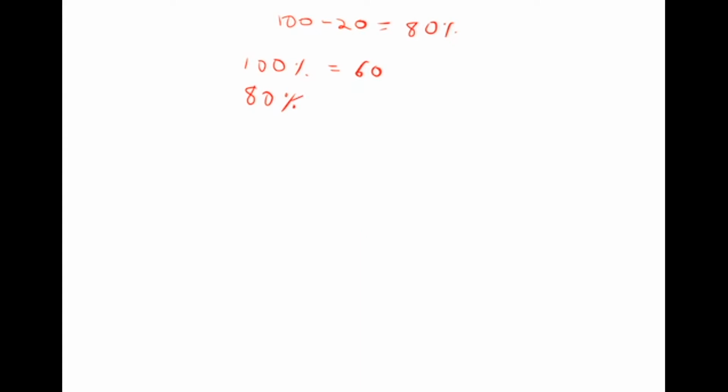From there we cross multiply. We shall have 80 times 60 over 100. Then we can simplify. 8 times 6, that is 48. So the number of cattle decreased to 48.